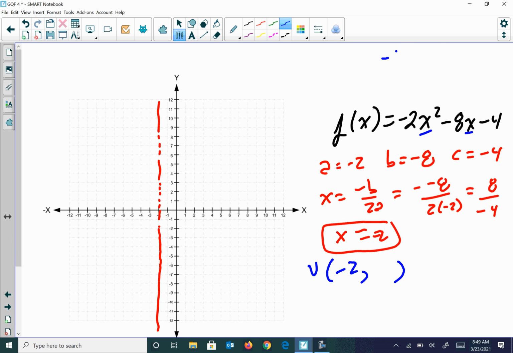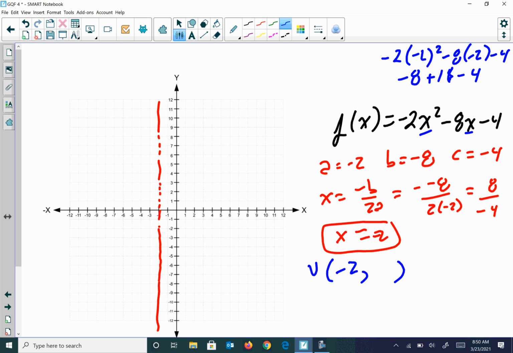So I get negative 2 times negative 2 quantity squared minus 8 times negative 2 minus 4. Agree? Negative 2 squared is? Positive 4. 4 times negative 2 is? Negative 8. I love it. Negative 8 times negative 2. Close. Positive 16 minus 4.